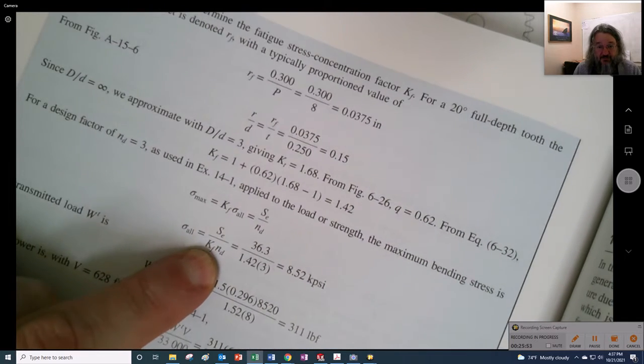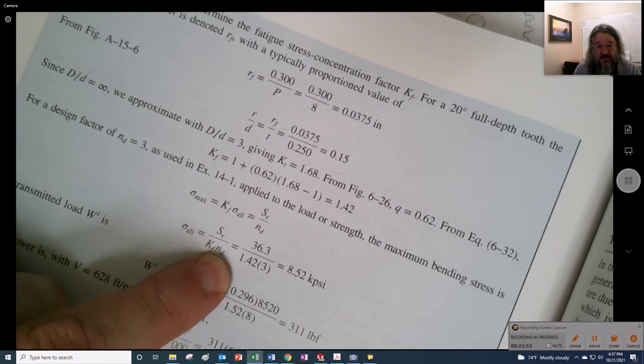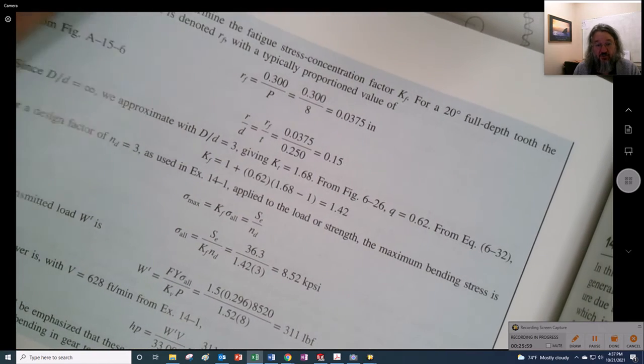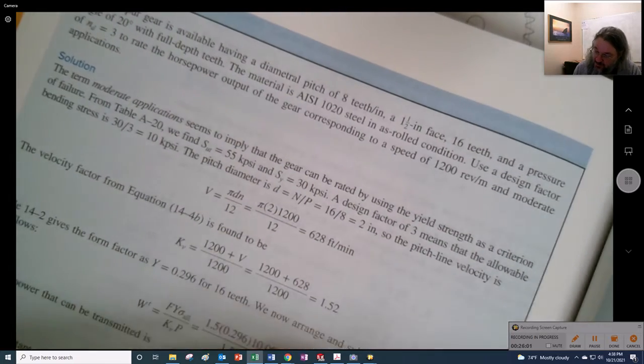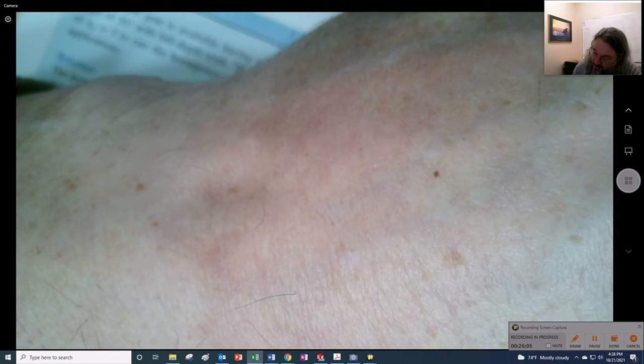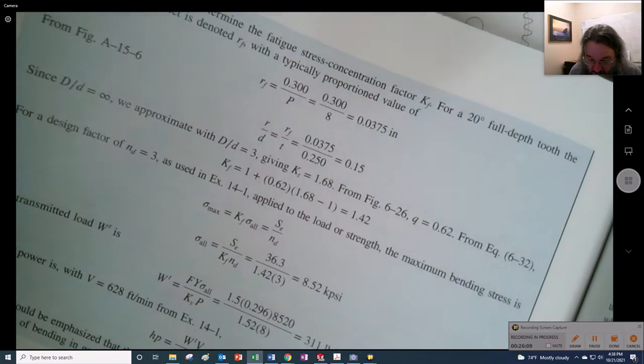So the KF, remember that's the miscellaneous factor, that's like 1.33 that we discussed, that I described. Trying to find where we do that over here.